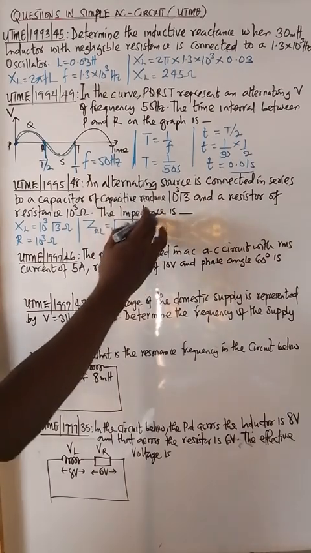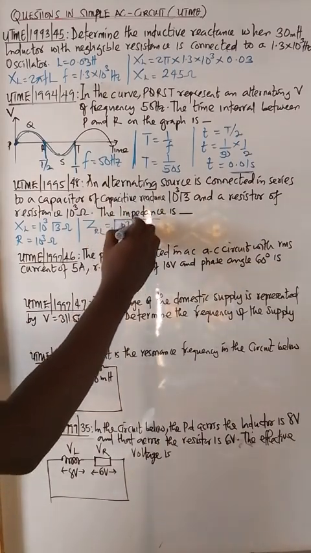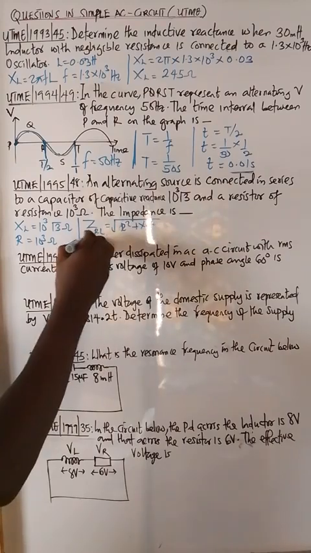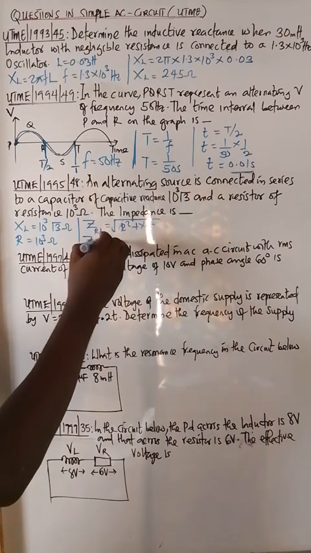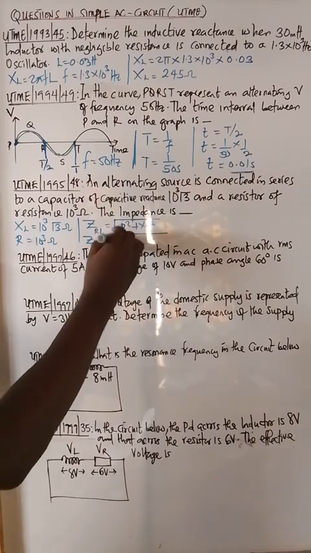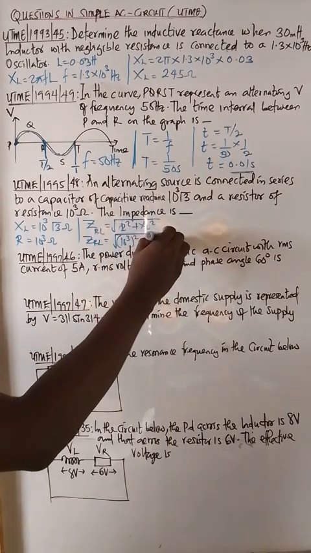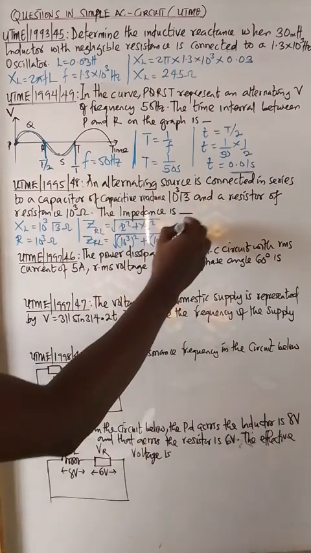During the class, I already gave the formula, the square root of R squared plus XL squared. So Z_RL equals the square root of R, 10⁻³ all squared, plus XL, 10⁻³ root 3 all squared.